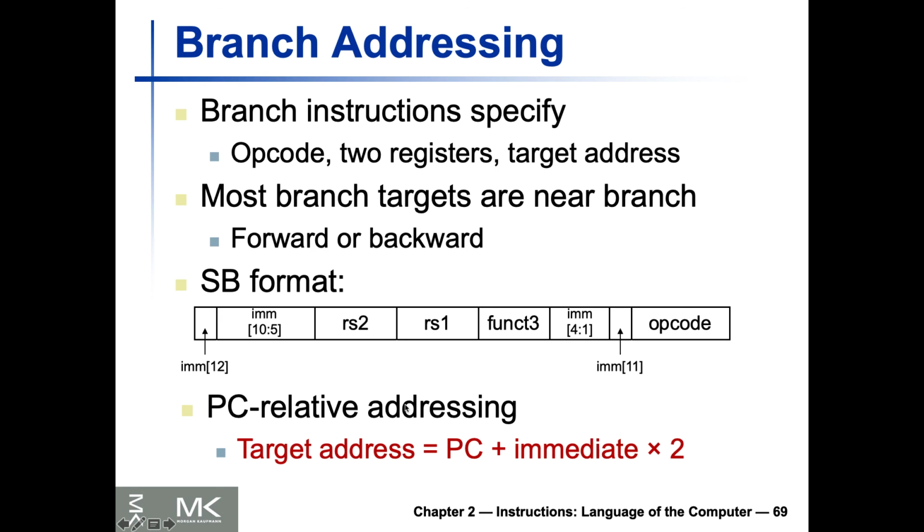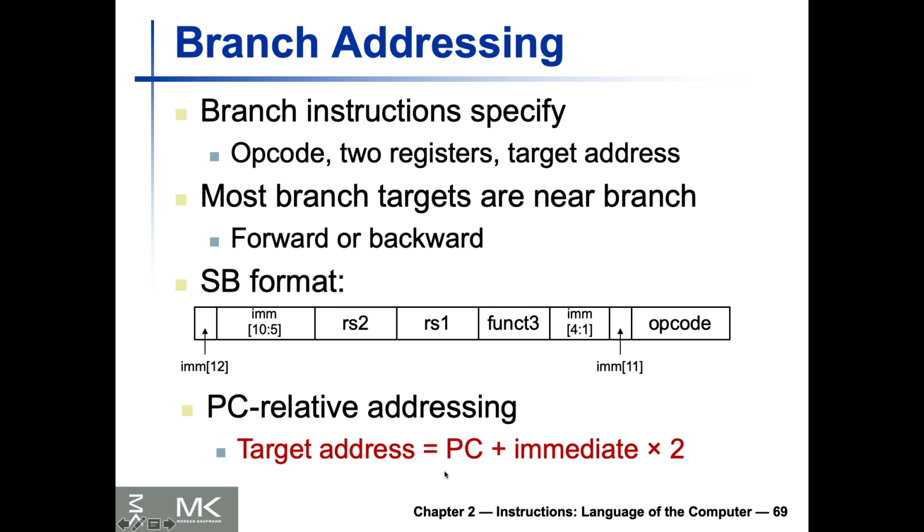The program counter has the relative address, so we can only jump up to a certain distance from the program counter. The SB type in RISC-V branch instructions, as I mentioned, works from -4096 up to the other side, in multiples of 2.